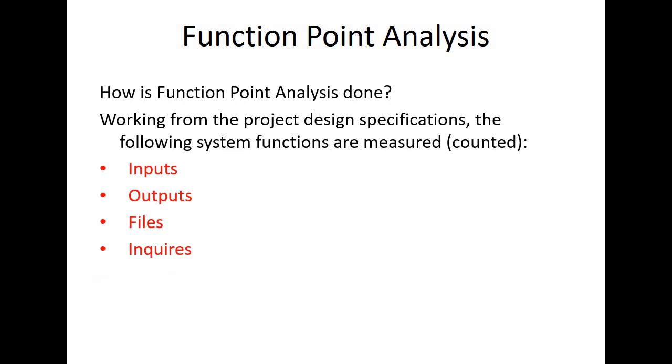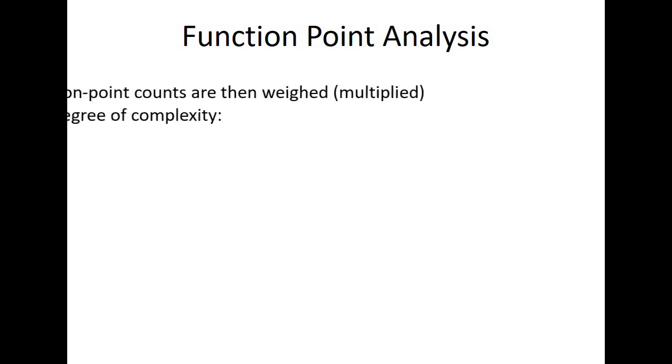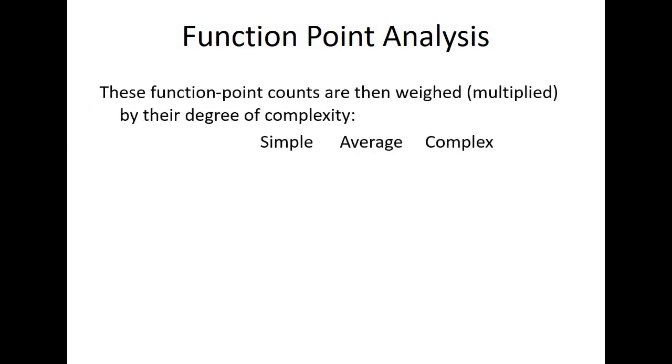That means all these things, your inputs, outputs, files, inquiries and interfaces, which we get from the requirement specification document, are further classified into 3 categories: simple, average and complex, right? So for everything we give some weightages.